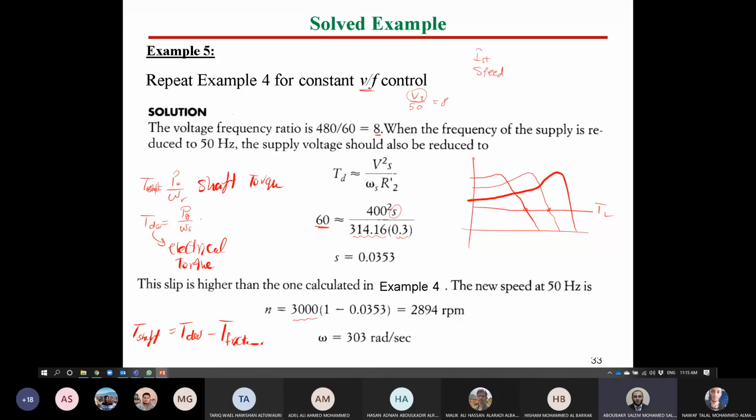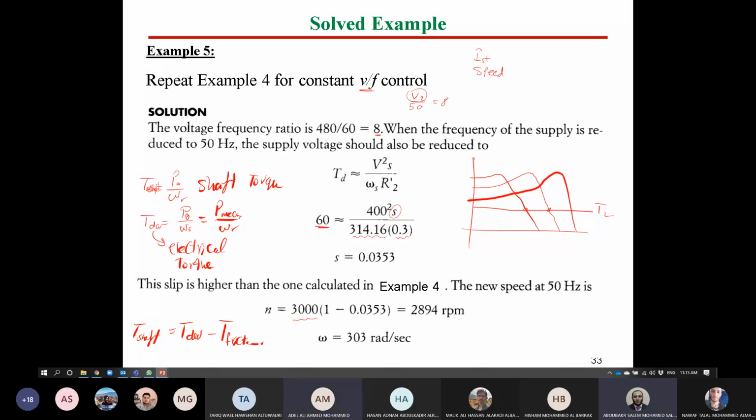Right. And do we use omega R or omega S? Again, it depends on which value of power you are going to use. You can say T developed equals P gap over omega S, or we can say P mechanical over omega R. It will be the same, because P mechanical equals 1 minus S multiplied by P gap, and omega R is the same, 1 minus S multiplied by omega S. So these terms are equal.